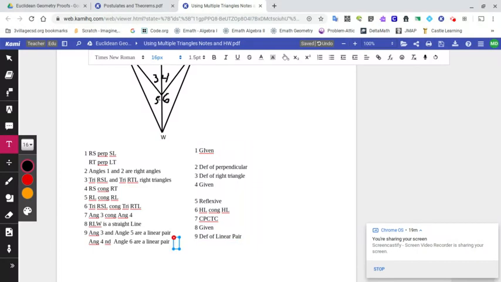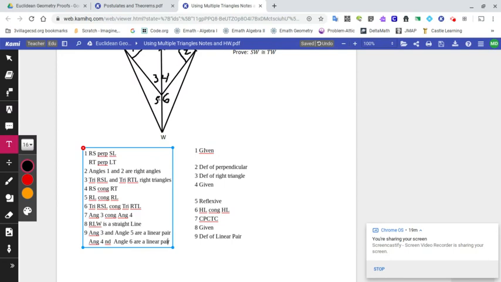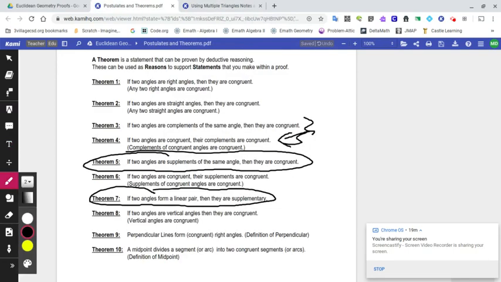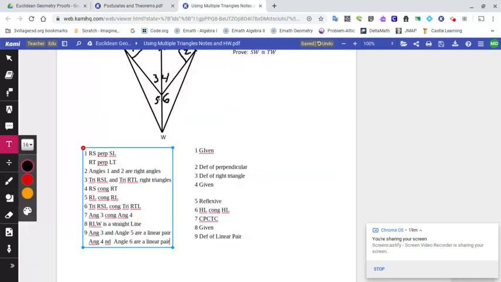That's going to mean, looking back at this postulate and theorem here, theorem 7: if two angles form a linear pair, then they're supplementary. So I'm going to say 10, angle 3 is supplementary to angle 5, and angle 4 is supplementary to angle 6.